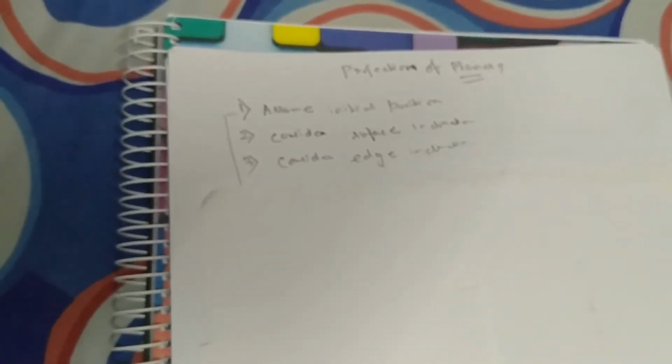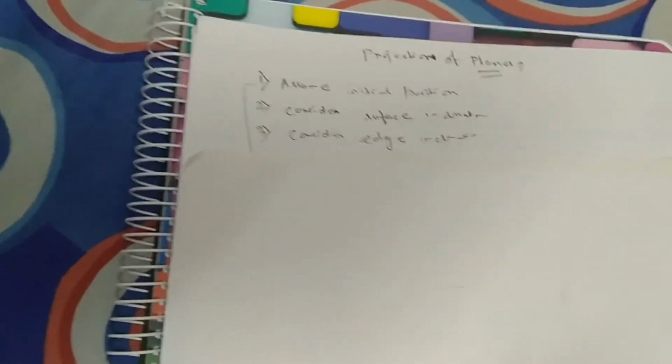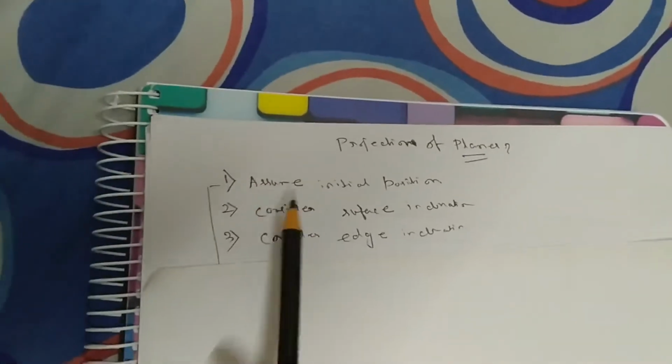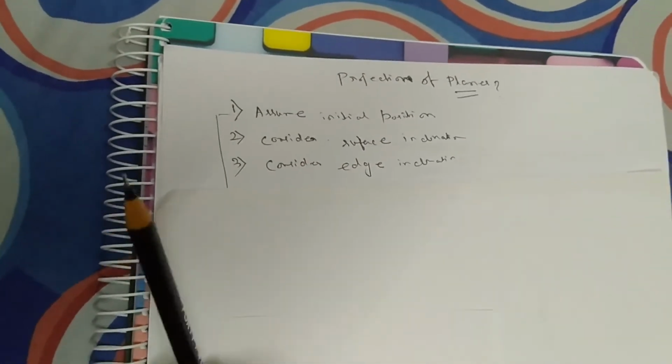And third one is to consider edge inclination. Of all these 3 steps, the most important step is the first step, that is the initial assumption.